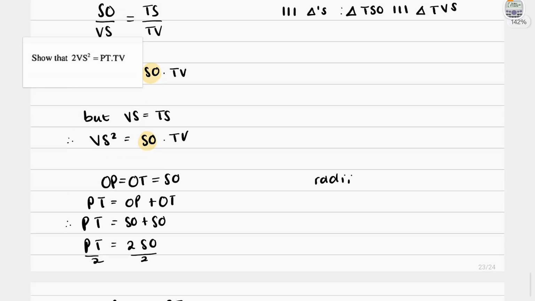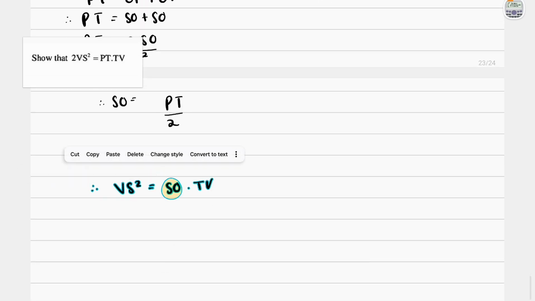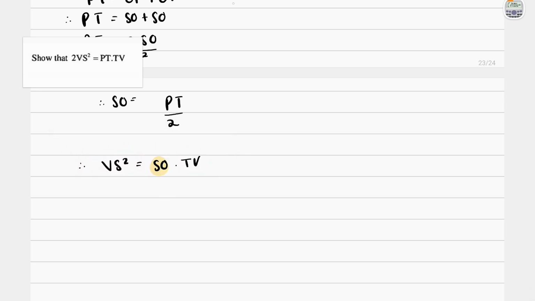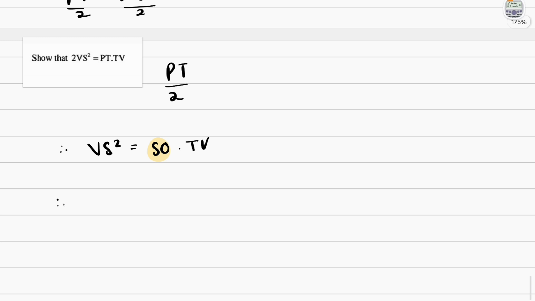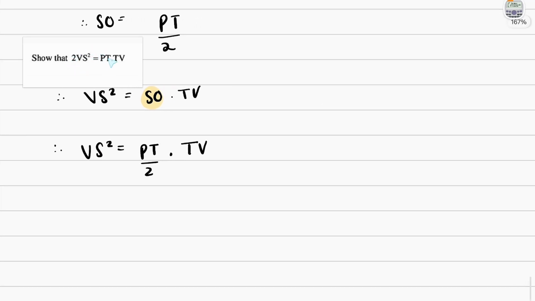So now we can update our equation. If you take this equation and in place of SO we substitute this, then VS squared is equal to PT over 2 multiplied by TV. And now you see that in order to get to this point, they just transposed the 2.